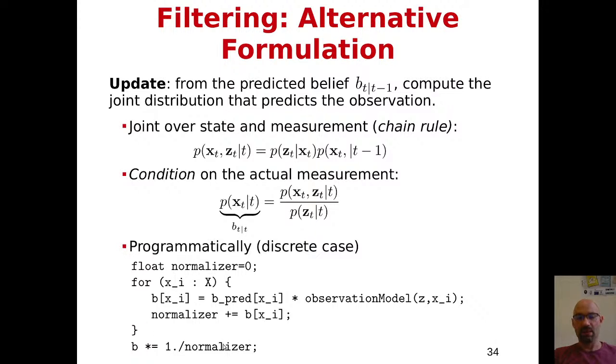Remember that this b is just a vector in our discrete world. It's just a vector whose indices correspond to states. So xi is just an integer in this case. And then on the fly, you can easily compute the normalizer, and at the end, you divide the belief, the entire vector, by the normalizer, and you have the distribution after the conditioning.